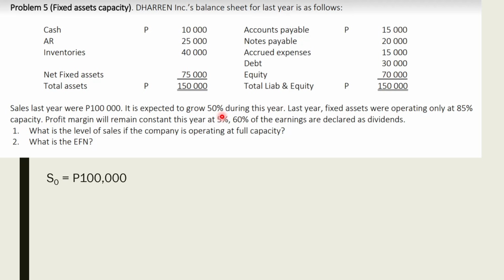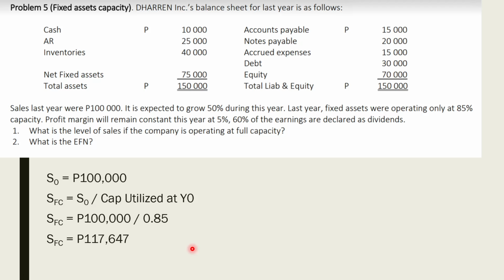Okay, so let's answer what would be the sales at full capacity first. Your sales at full capacity would be last year's sales of 100,000 divided by the capacity percentage utilized, which is 85%. The sales at full capacity is therefore 117,647. That is the answer for number one.